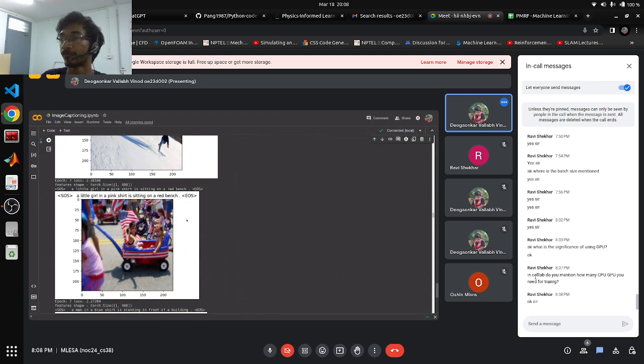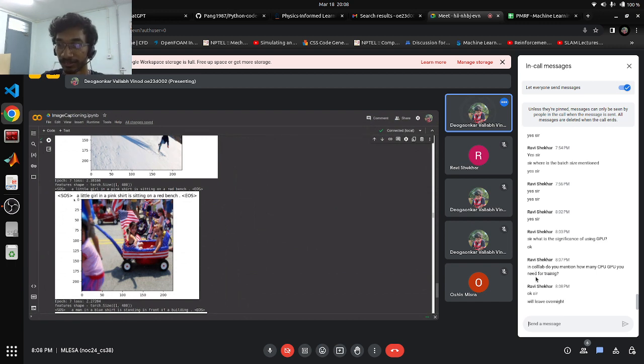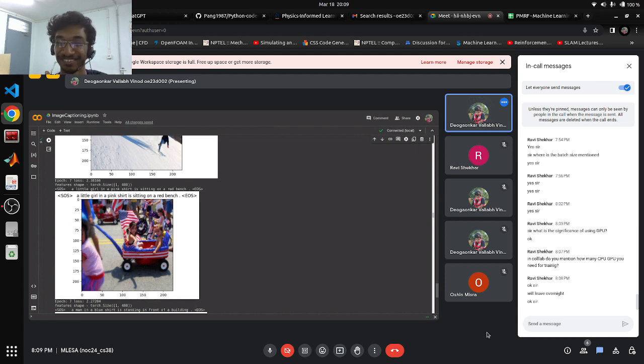Yeah, you can leave it overnight, but Colab also doesn't allow you to do that. It will expect you to keep the screen active often. All the problems related to free usage, I guess.